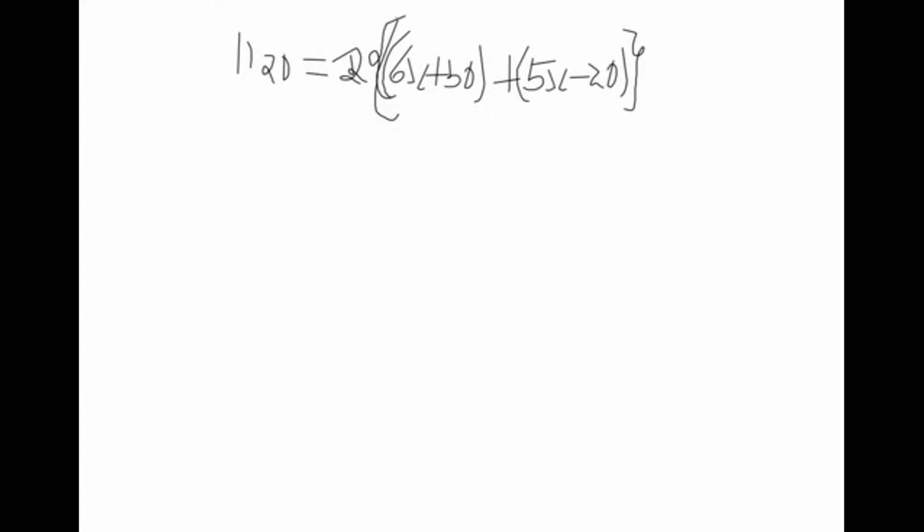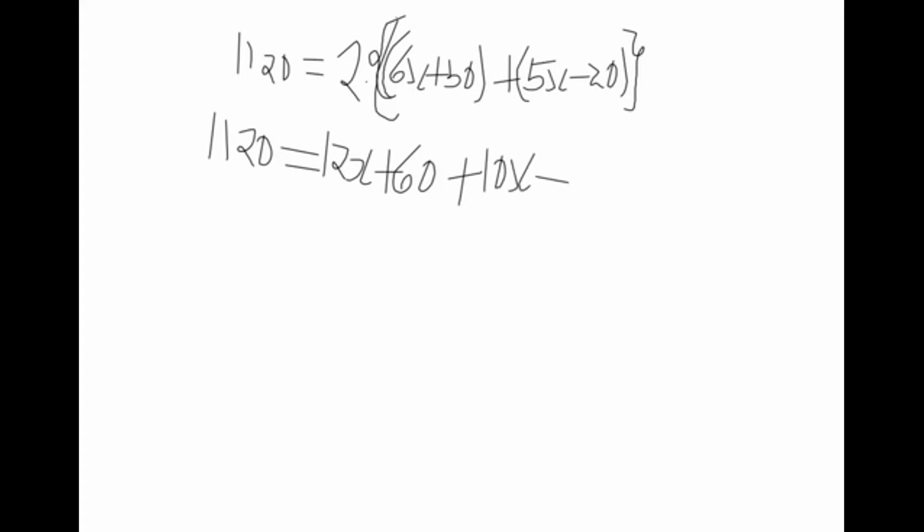These two cover the whole of the bigger brackets. So we have 2 times 6x is 12x, plus 2 times 30 is 60, plus 2 times 5x is 10x, minus 2 times 20 is 40.